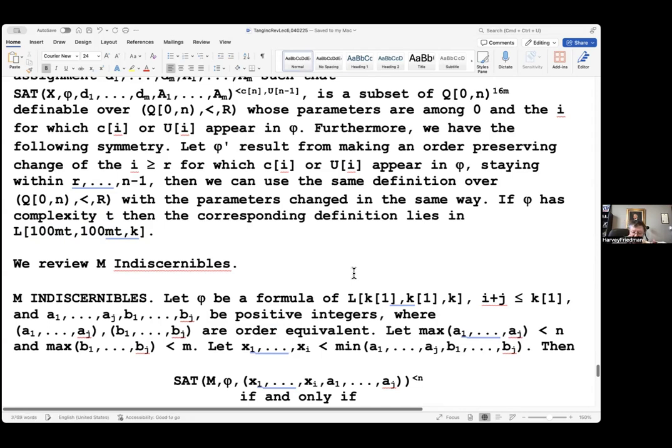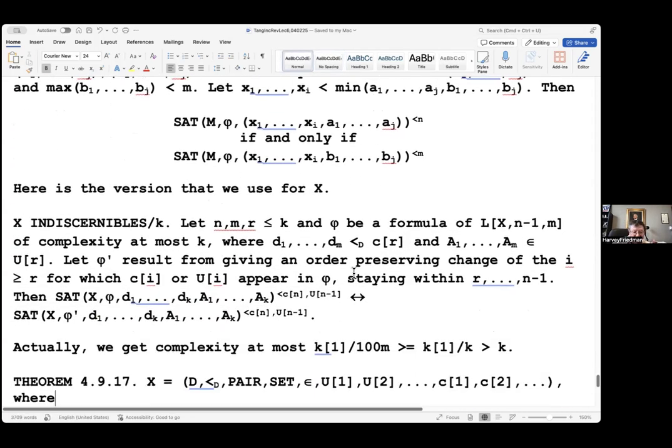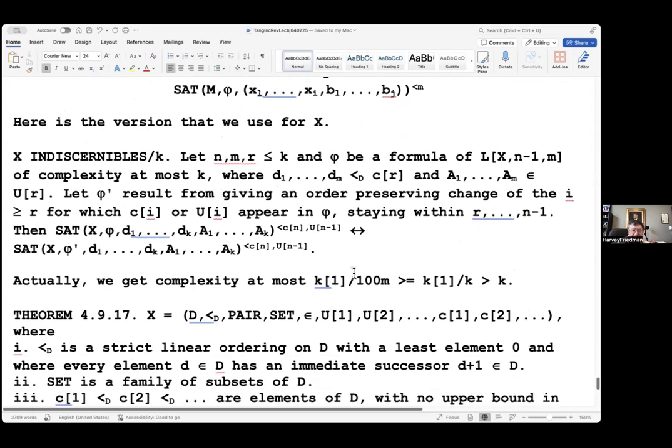But that's harmless, you see, because we can do this that way.